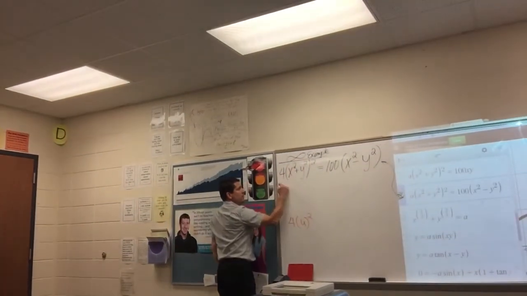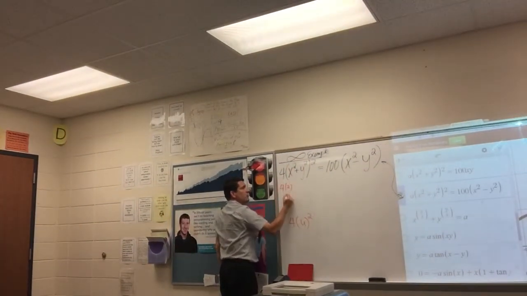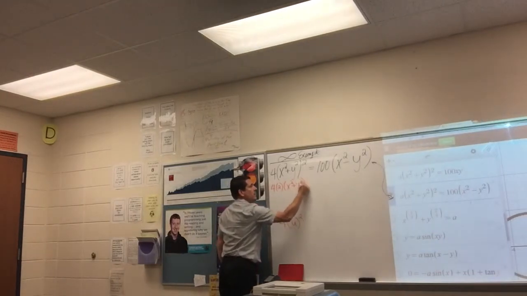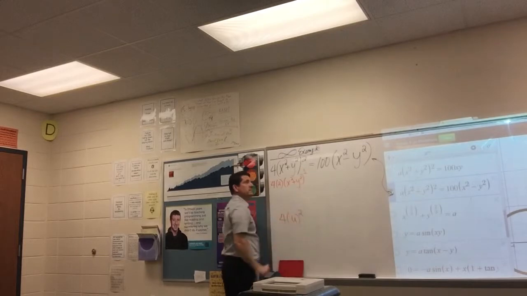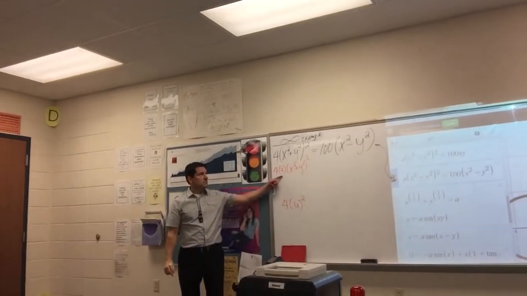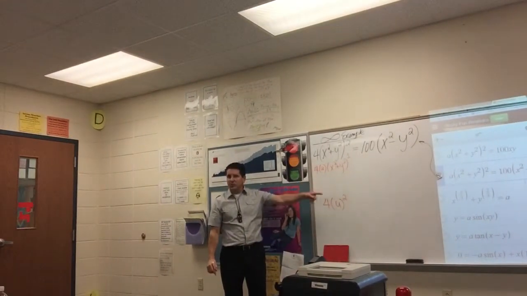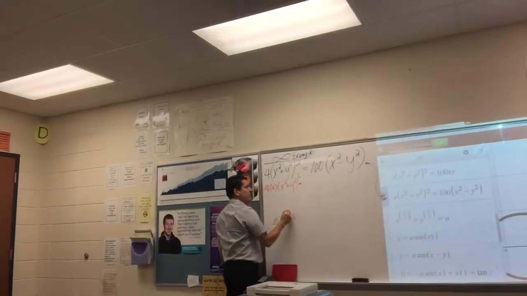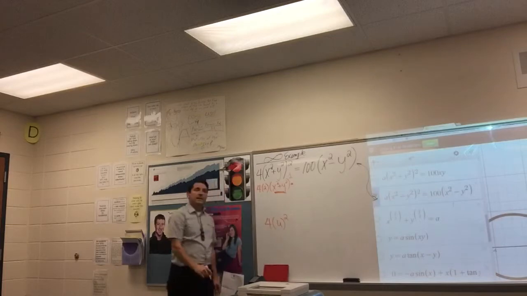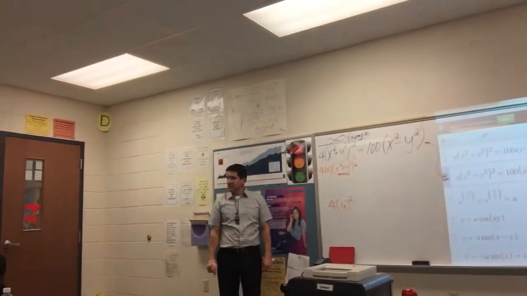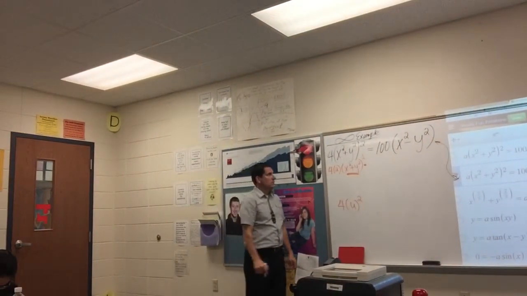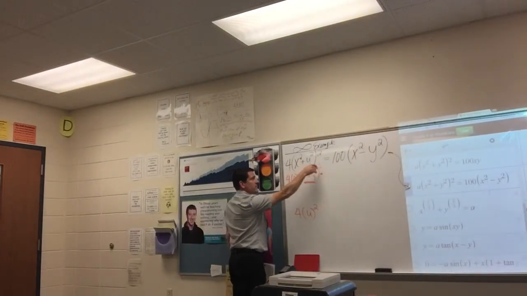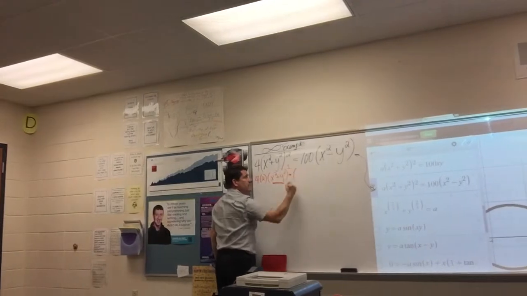So this is going to be 4 times 2 times (x squared plus y squared) to the first power, multiplied by the derivative of what's inside. So it's going to be 4 times 2 times (x squared plus y squared) to the first, multiplied by what? You tell me.